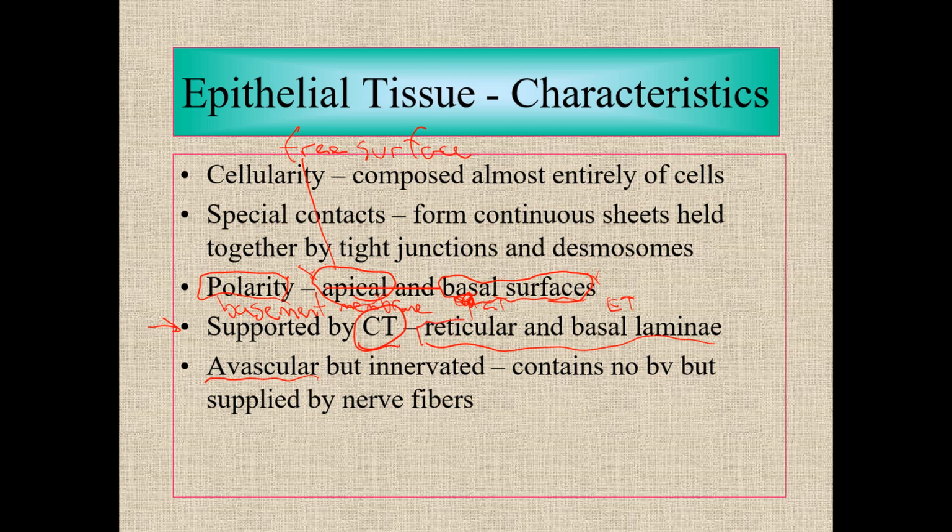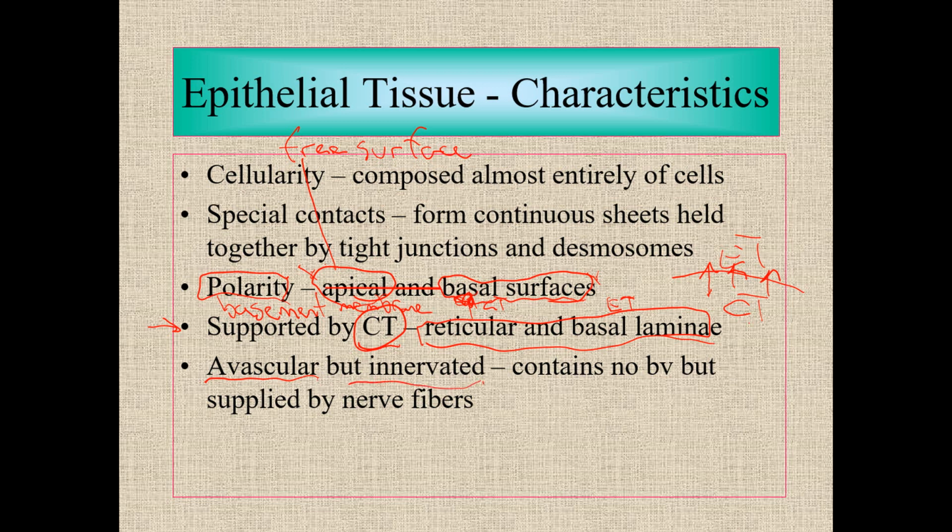That is one of the functions of this basement membrane, to act as a sieve and to let nutrients through. If here's my epithelial tissue and here's my connective tissue, blood is going to be in this connective tissue, and the nutrients are just simply going to diffuse across that basement membrane.